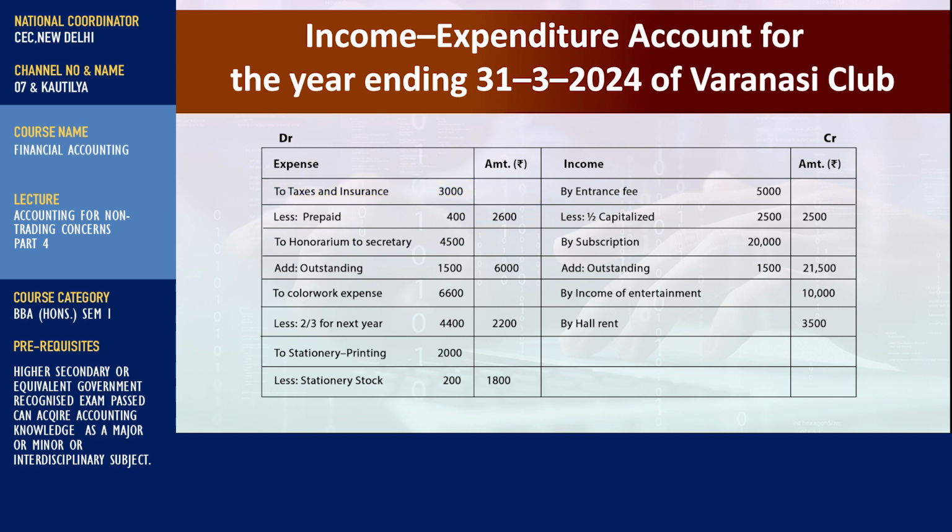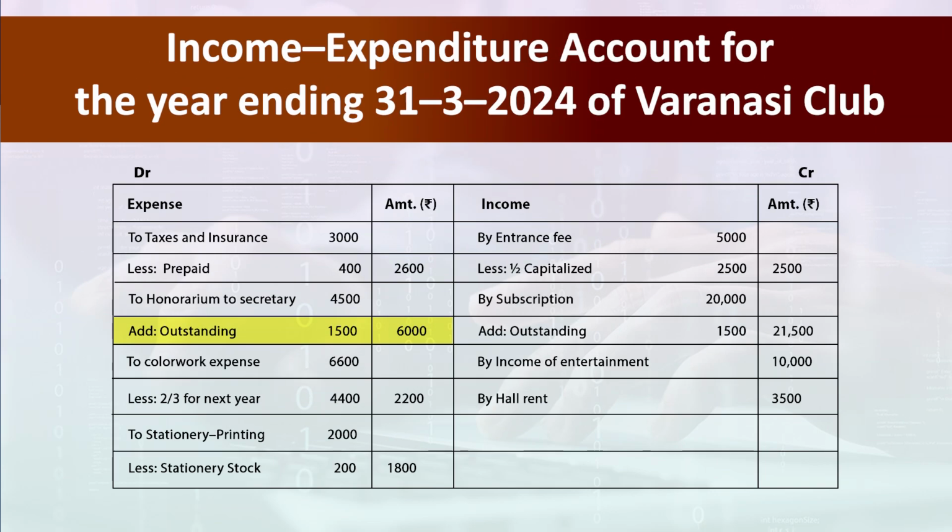From it, we deduct prepaid taxes and insurance of rupees 400. The amount is 2600. Then there is honorarium to secretary of rupees 4500. In it, we add outstanding honorarium of rupees 1500. The amount is 6000 rupees.